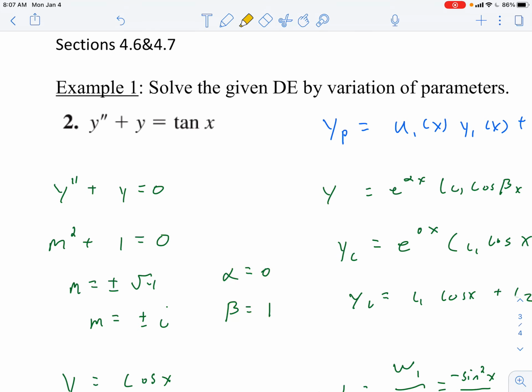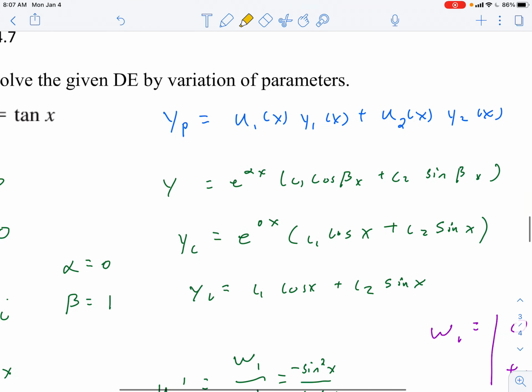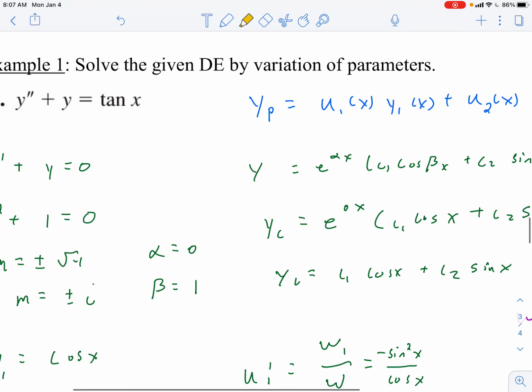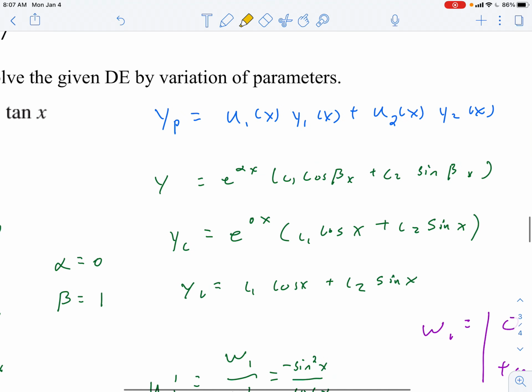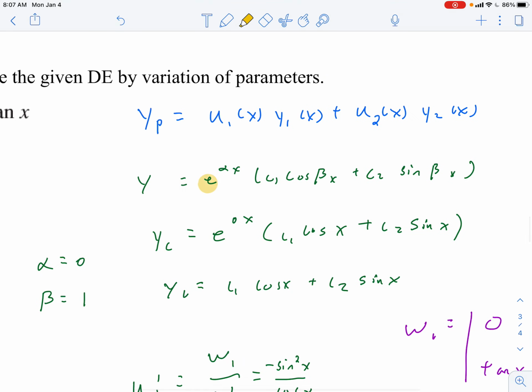If you recall, and again, it's been a while, when m is equal to a complex number, then y is equal to e to the alpha x times c sub 1 cosine beta x plus c sub 2 sine beta x.